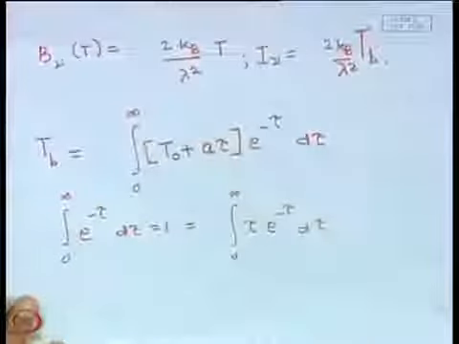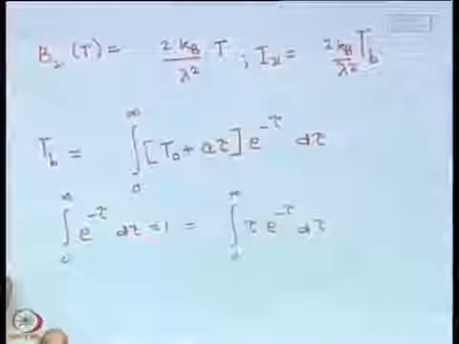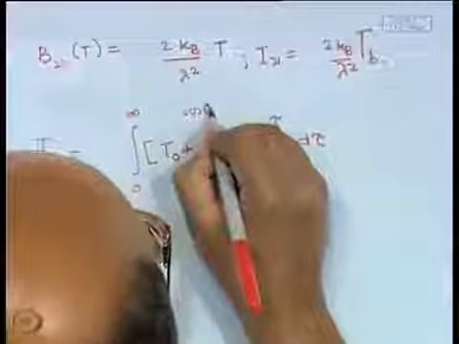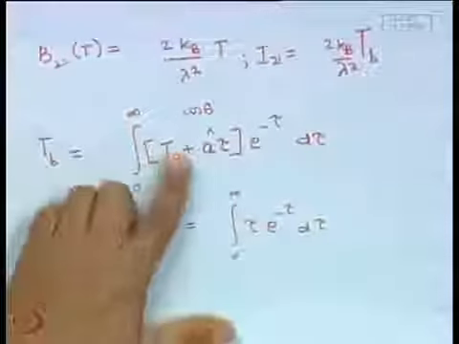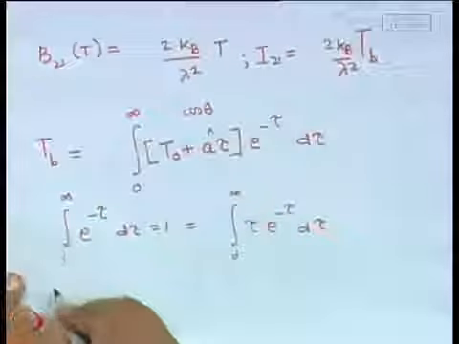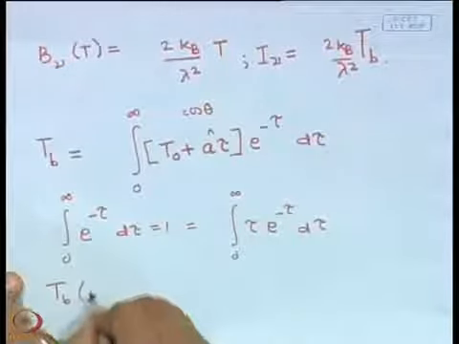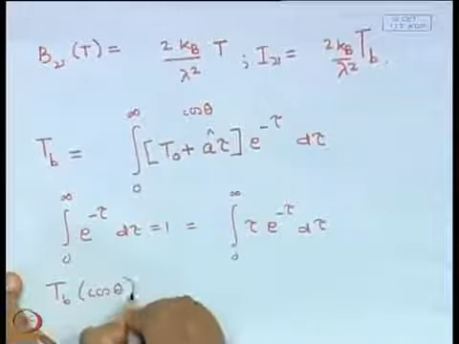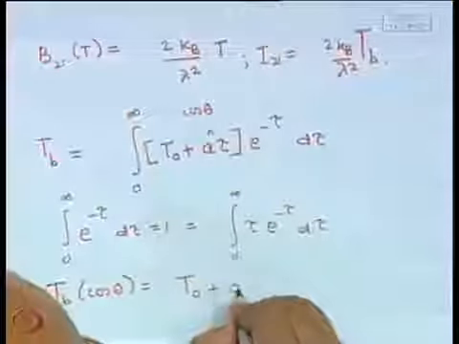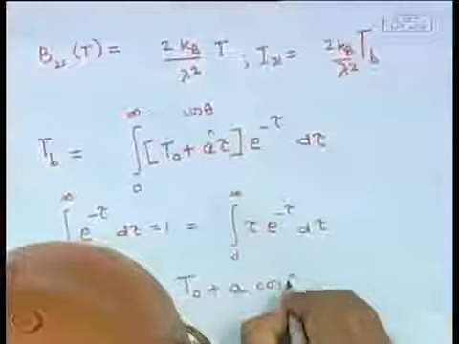Both of these integrals have value 1. So it tells us that there should be a factor of cos theta here. The relation between temperature and optical depth is different in different directions, cos theta. So what it tells us is that the brightness temperature T is a function of cos theta, and it is equal to T naught plus A into cos theta.